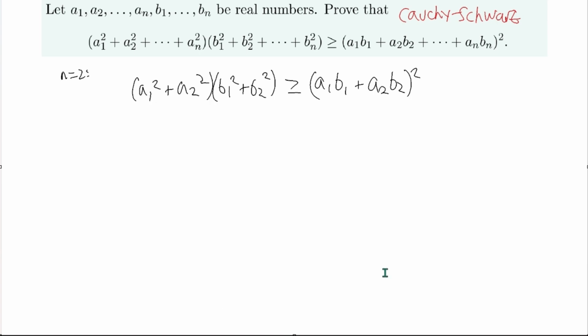Now, what do we do from here? Well, the 100% error-free way to solve any inequality that you may come across is to just simplify and expand. And literally nothing can go wrong if you simplify and expand.